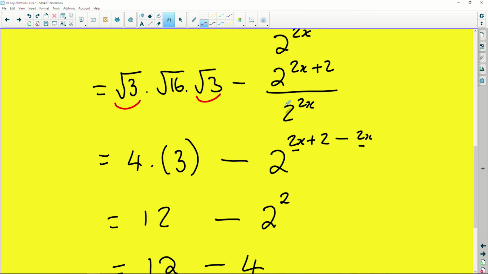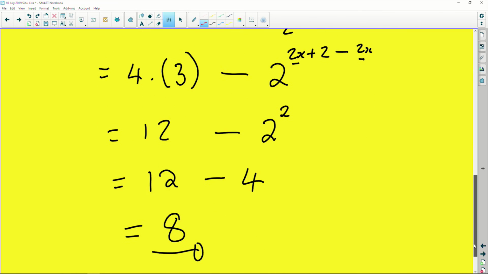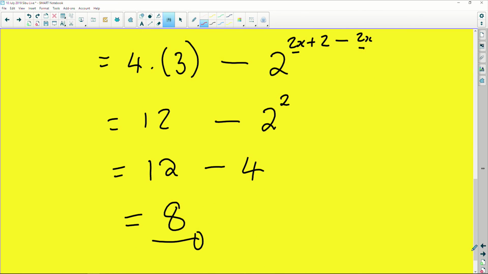When you're dividing same bases, we always have to subtract the exponent. So it's going to be the top exponent minus the bottom exponent. So you then have 2x plus 2 minus 2x. 2x and 2x are like terms. They cancel each other. You're left with just 2 to the power of 2, which will amount to a simple 4. Right. So 12 minus 4 will then give you an answer of 8.